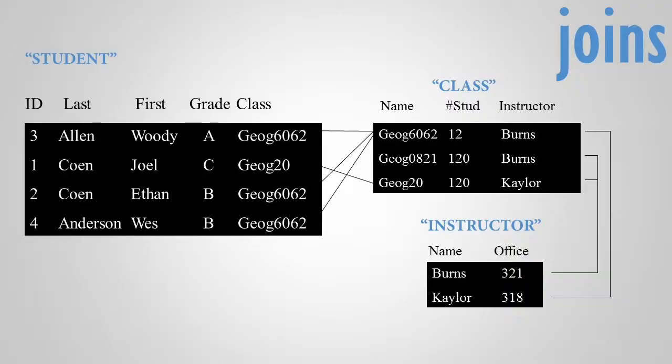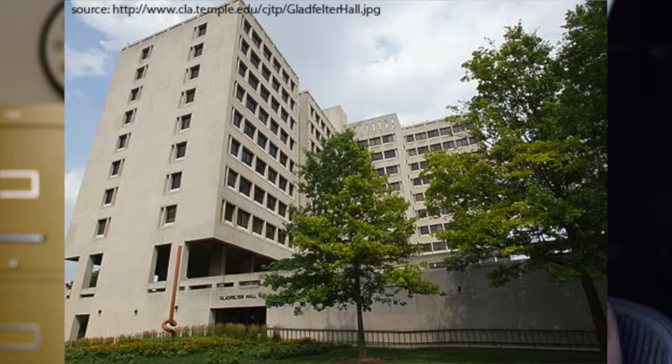Here, for example, you can see that perhaps there's information about the instructor, which office they're in, what their email address is, how many courses they've taught. For each of those, for which office building they're in, you might be able to link with information about the office building. I am currently in Gladfelter Hall at Temple University.